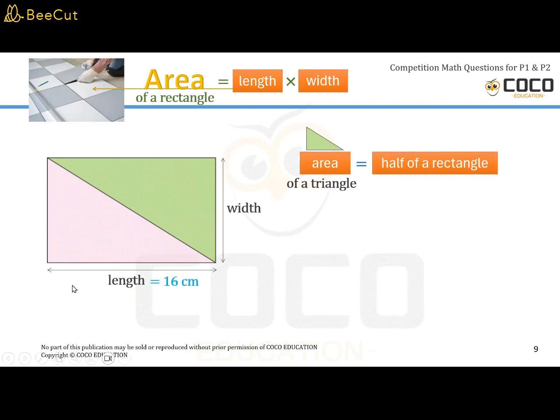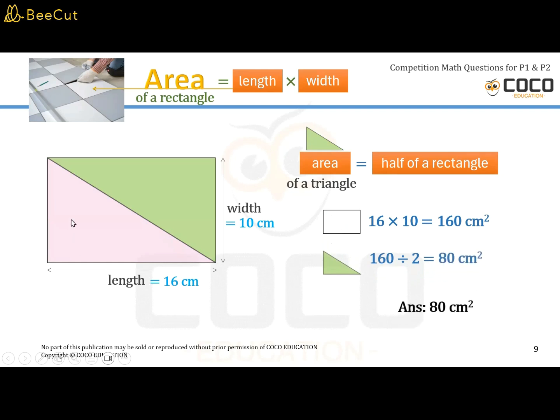If I know the length and the width of the rectangle, I can quickly find the area of a rectangle, which is length times width. Then the triangle can be found by half of the area of that rectangle. So 160 divided by 2 equal 80. The triangle has an area of 80 centimeters squared.